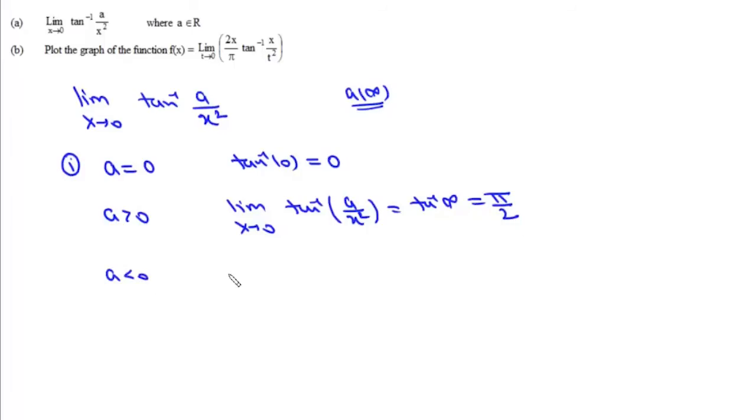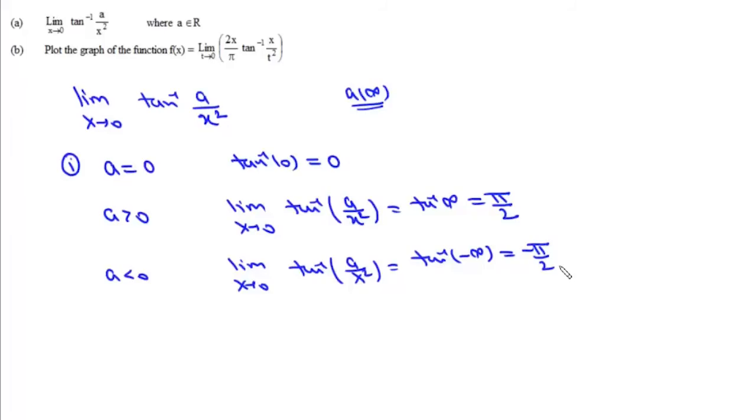And if A is less than 0, then this limit will be tan inverse of minus infinite, which is minus pi by 2.